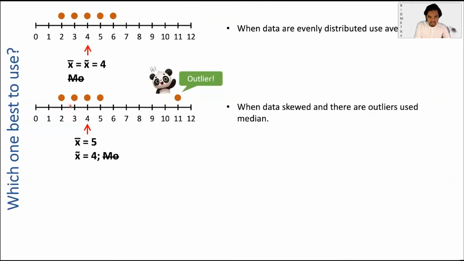So in this instance, when you have data that is skewed or has outliers, the best way is to use the median instead of the mean. Again, we don't have a mode because each value only occurred once: one frequency at 2, and one each at 3, 4, 5, and 11.